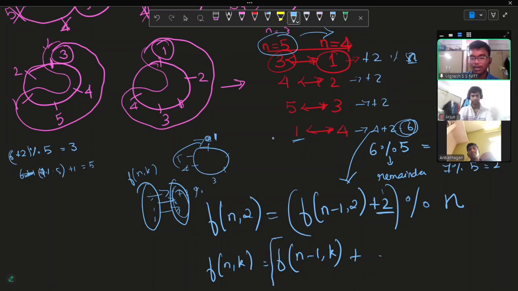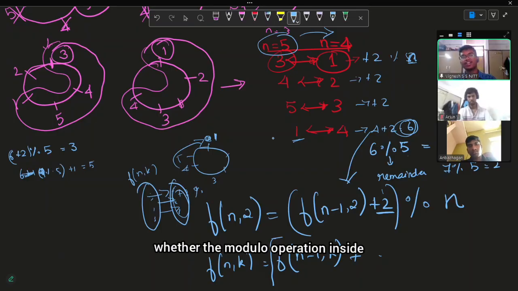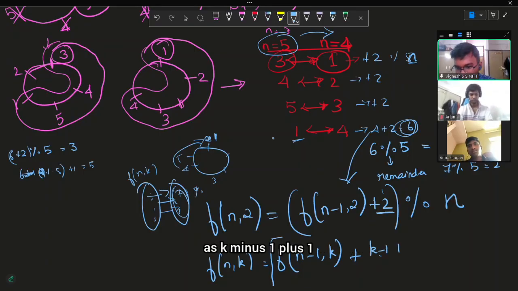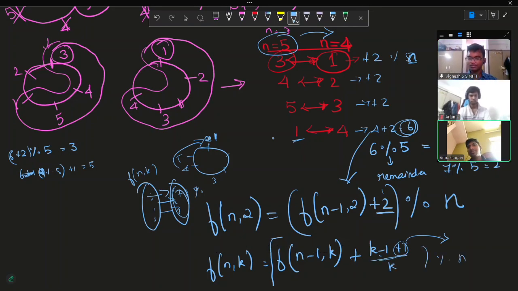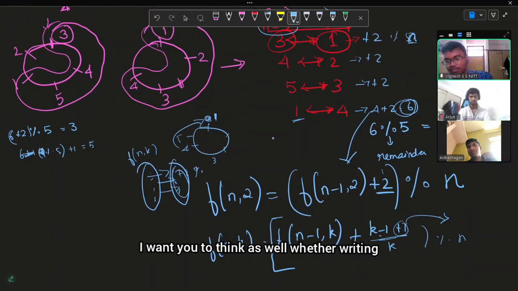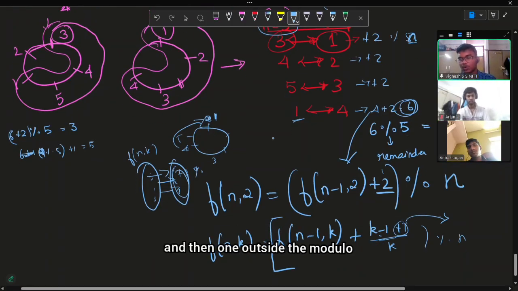Okay, Lawrence, I will just think on this as well, because I have a small confusion. We can just write k here, but I'm thinking whether to write k or k minus 1, and whether the modulo operation inside and outside will change things. I am thinking whether to write it as k minus 1 and then plus 1 outside the modulo, or just this as k and take it as a whole modulo.